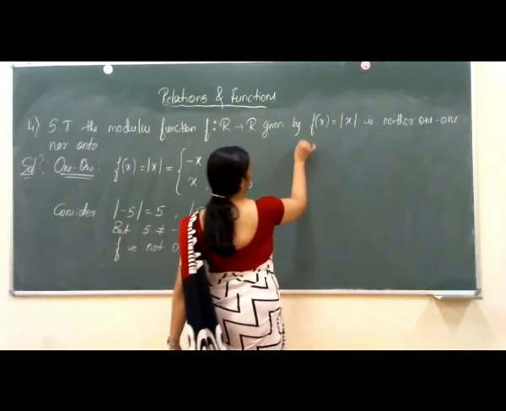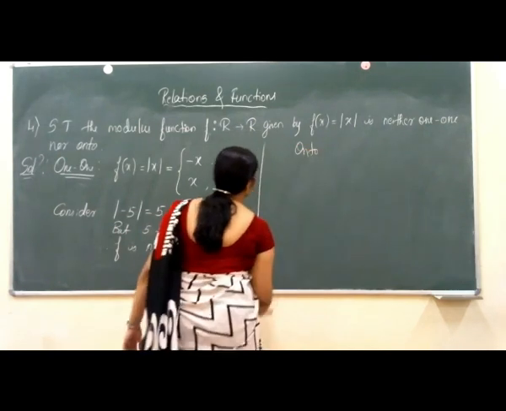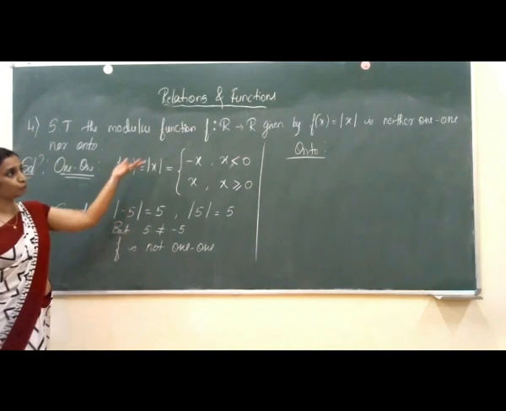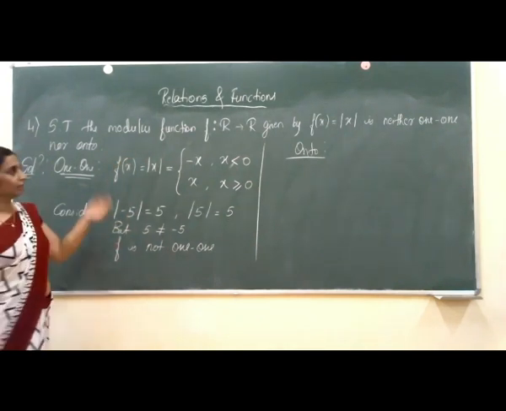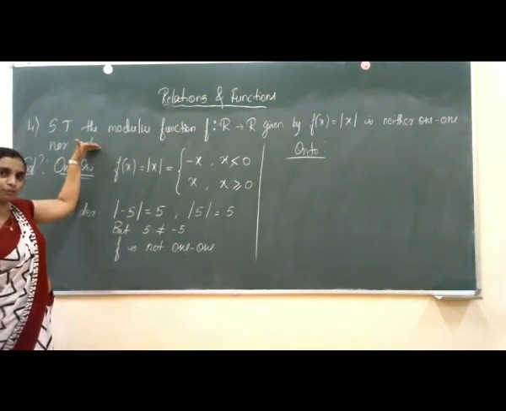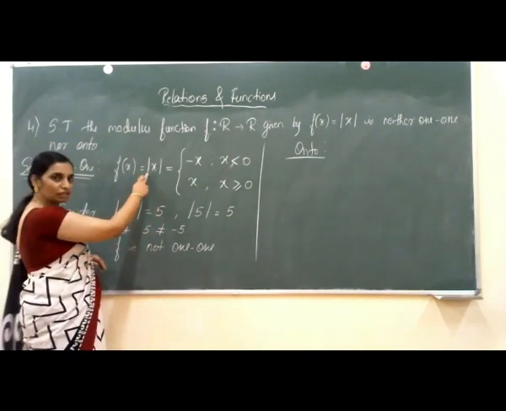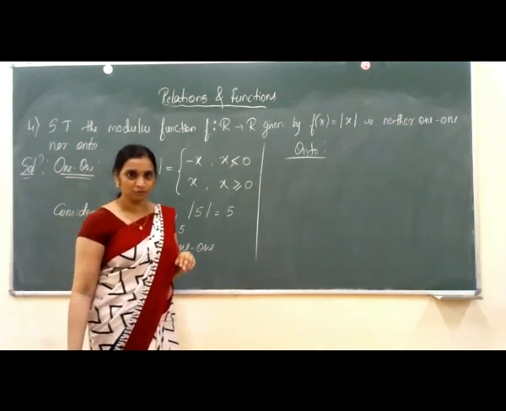Now for the onto condition. How to check whether the given function is onto or not. Here clearly it is given. We have to prove the function is not onto. How can we prove that? Just recall the range of the modulus function.